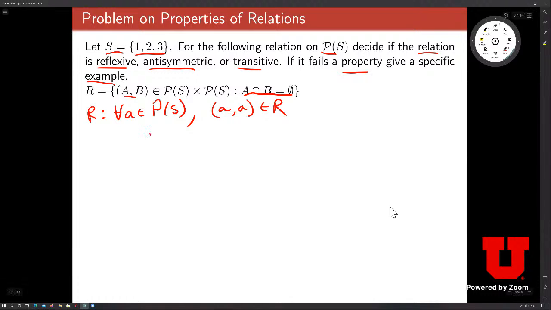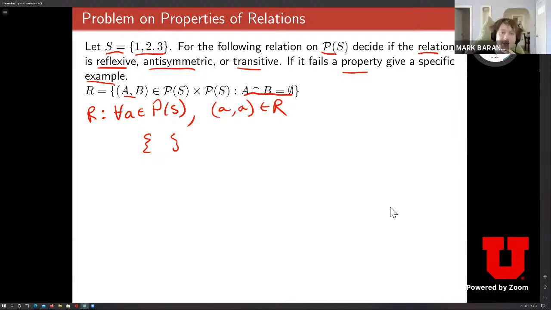I just have one question. Would it be for all A that exists in the power set of S times the power set of S? No. Well, okay, yeah, but you would have to say all (A, A). These two have to be the same because reflexivity is about equal elements, so you only need to consider one element at a time out of the power set.